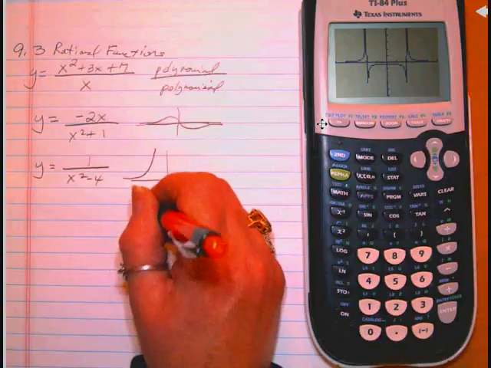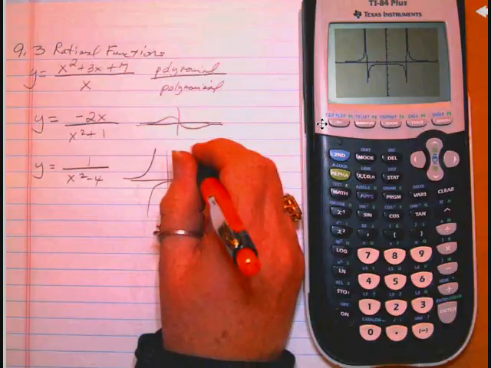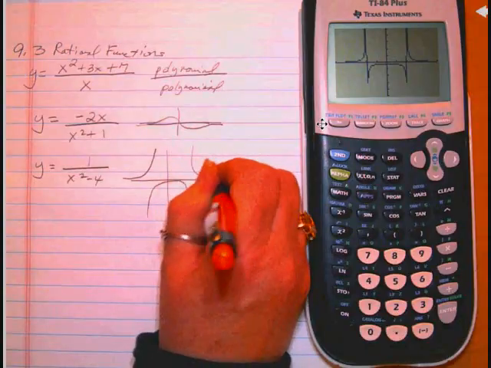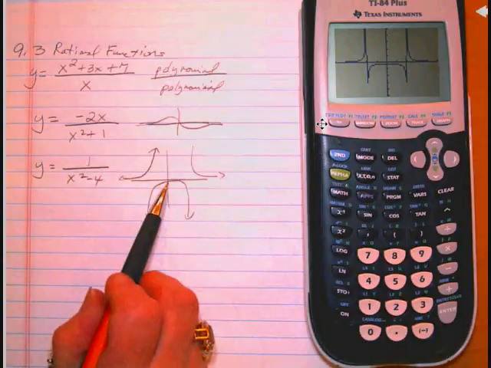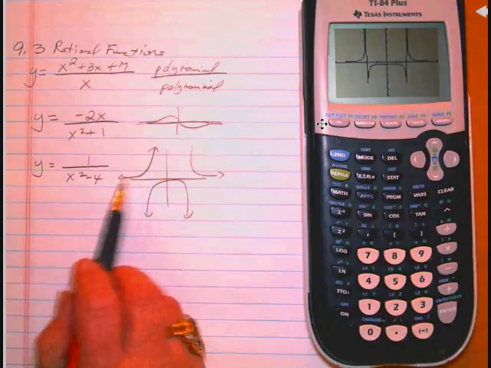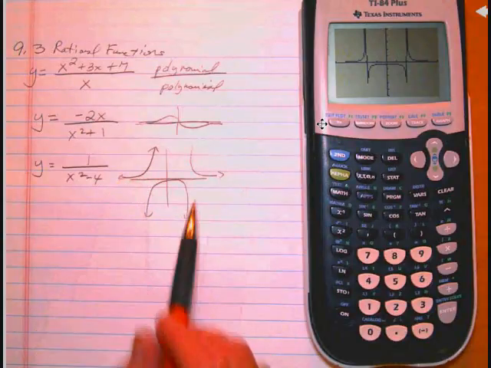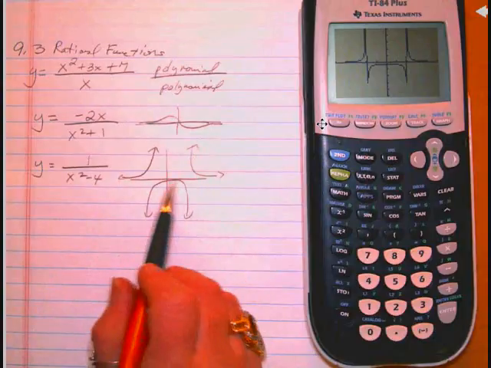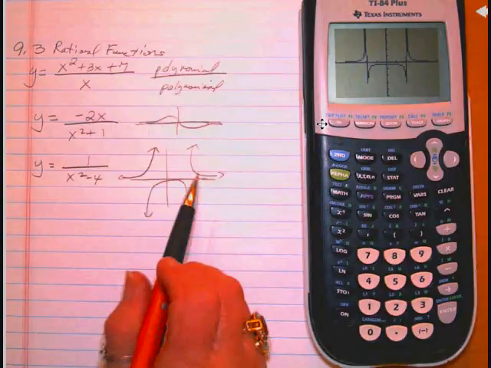It's the graphing calculator making a mistake, which it does from time to time. This one has a horizontal asymptote. As my x's are getting more and more negative, I'm flattening out on the x-axis, and on the other side on the x-axis too.